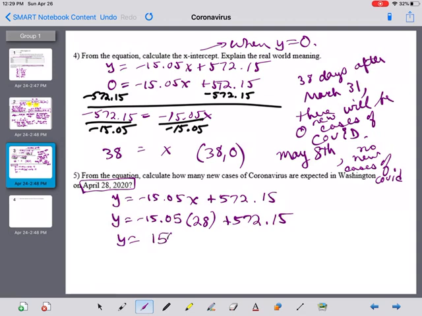And then type this right into the calculator, and you get about 150.75, which you can round to 151 if you like.